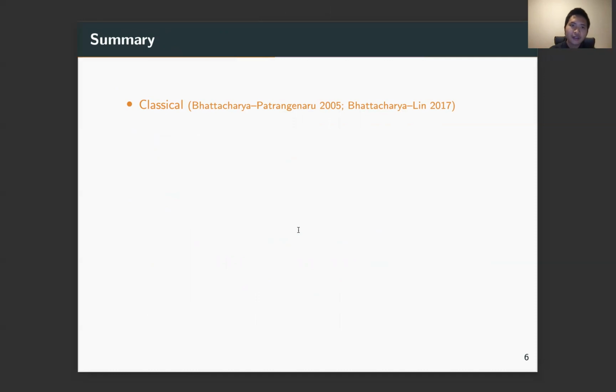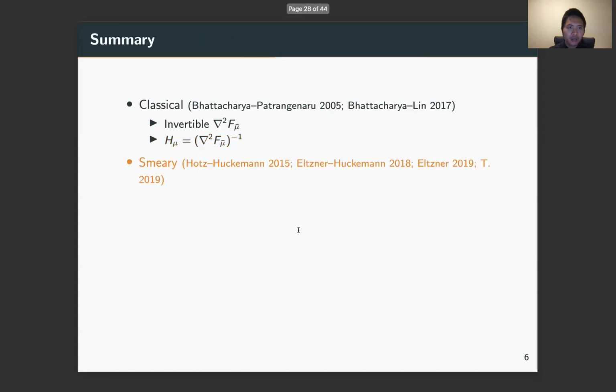First is the classical case, when the Hessian of the Fréchet function is invertible. So H is just the inverse of that Hessian. And we have the smeary case. It's when the Hessian is not invertible. So we know that we have some positive curvature because H will link to positive curvature. Then we have to look at higher derivatives of the Fréchet function, and we can define H mu accordingly.